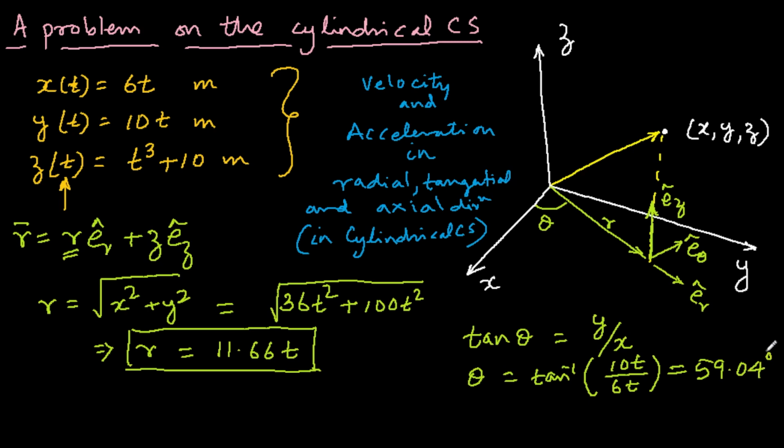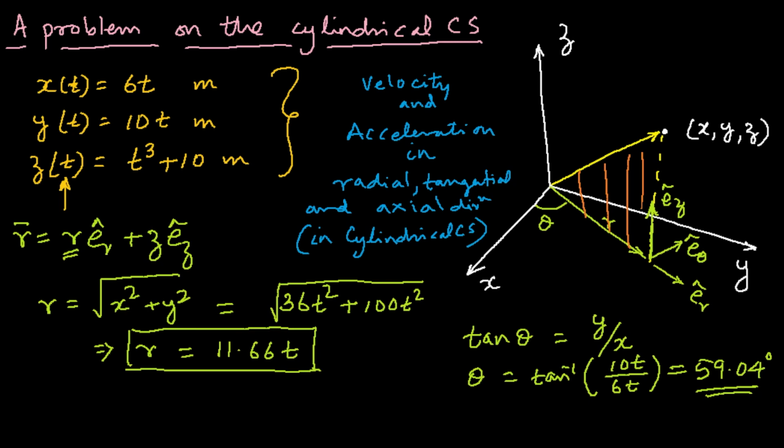So the particle is moving such that its angle theta remains constant with respect to time. If you think of a plane where theta is 59 degrees, this is the plane on which the particle moves. It never leaves that plane of constant theta.